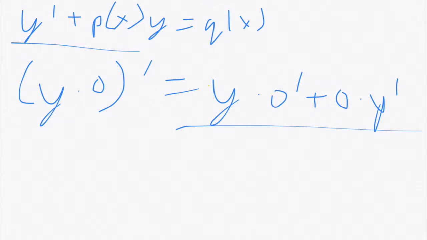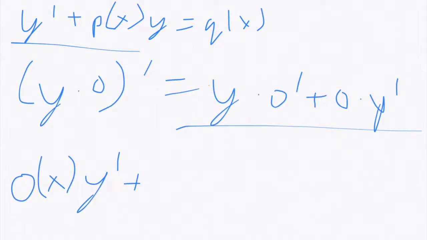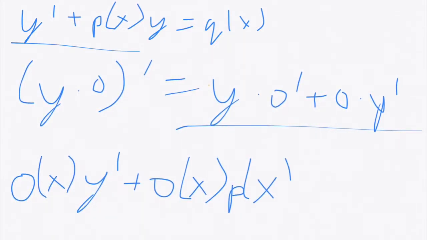And so seeing this o here, we're going to multiply this entire equation by o. And so we're going to get o of x times y prime plus o of x p of x times y equals o of x times q of x.